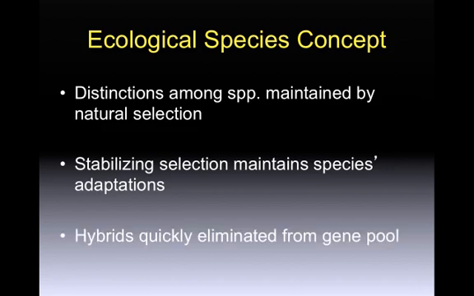Right? So in this case, you've got species that are going through stabilizing selection, like we've talked about in class, where you're sort of selecting for the middle of the bell curve. The average type is favored. And at the extreme ends of the curve, the weirdos, the ones that are very extreme, those are selected against.